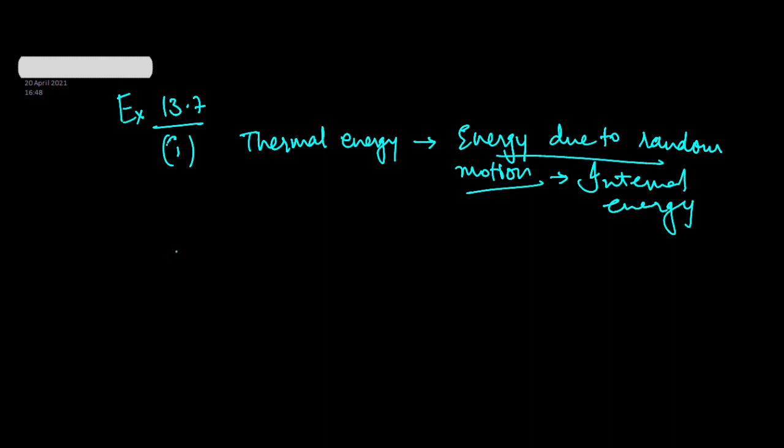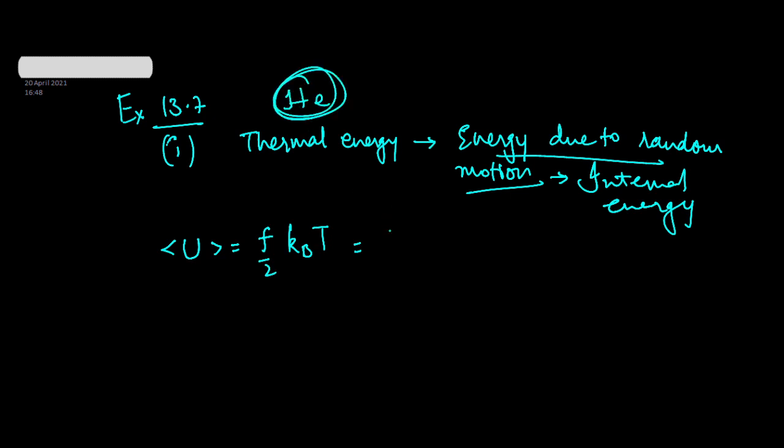So first question, find the average thermal energy, meaning internal energy, of a helium atom. See, for a single atom, right? So the single atom formula for internal energy is F by 2 kBT. Okay, so let's put the values. Now which atom is it? Helium.